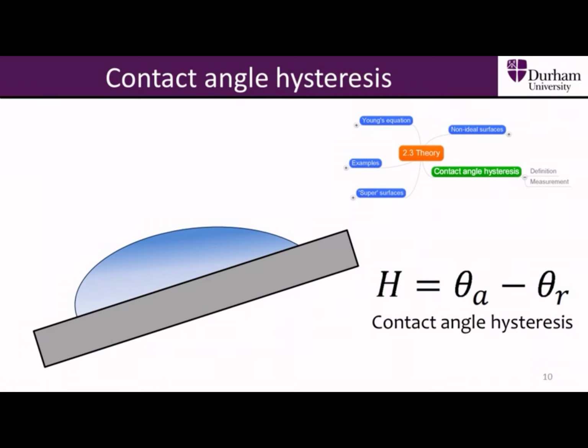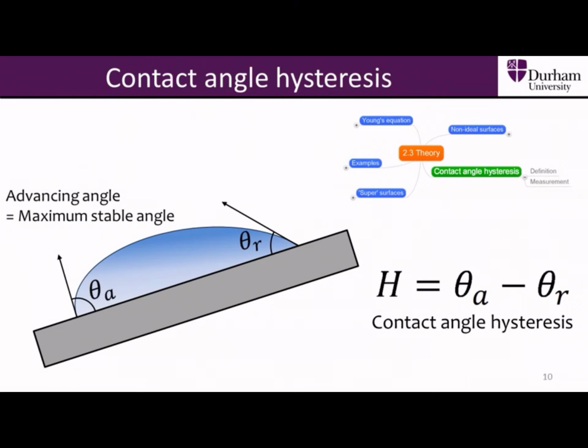Contact angle hysteresis is the difference between advancing and receding contact angles. The advancing contact angle is the maximum stable contact angle, whilst the receding contact angle is the minimum stable contact angle of a water droplet. By tilting a droplet, we can easily visualize the difference between the advancing and receding contact angles.